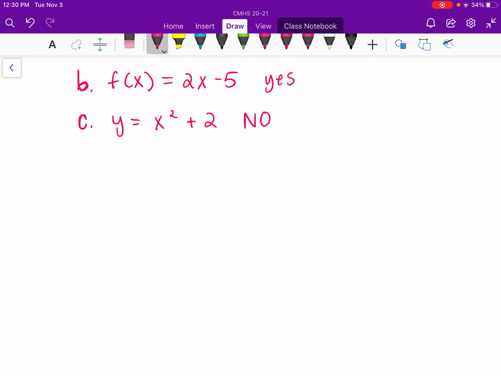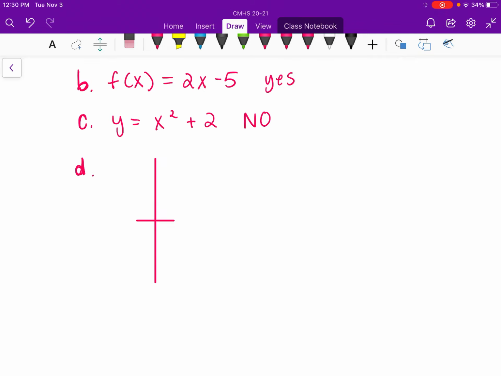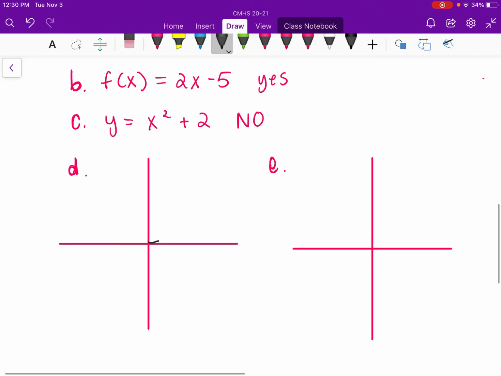And we have two more. They're both graphs. They don't have to be perfect. I'm just going to do a really rough graph here. So make my graph. And part E is also a graph, so I'm just going to do it right next to it and make another one. Part D and part E. So part D looks like this.